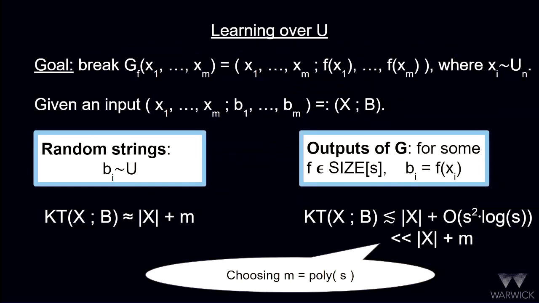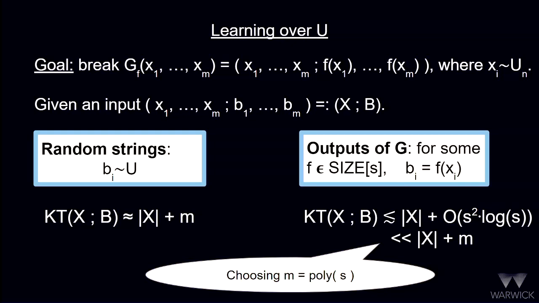Okay, so now I claim that just from what we've already seen, it's already easy to learn over the uniform distribution from either of our versions of KT complexity. So again, our goal is to break G with Xi's uniformly distributed. So we're given some input with examples Xi followed by their labels Bi, which I'll denote X and B respectively for short.